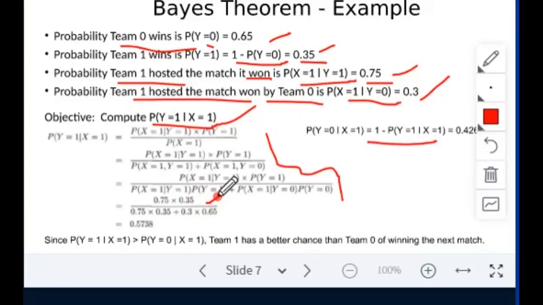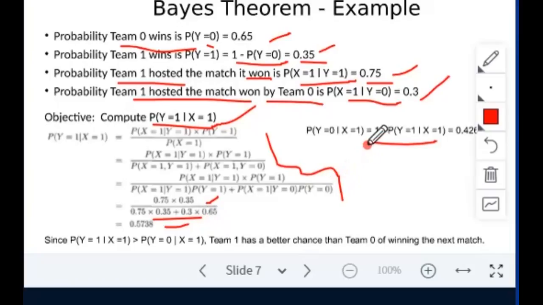So that is P of A given B, like that. When we use all these values that we have written up, this calculation will end up with the value 0.5738.